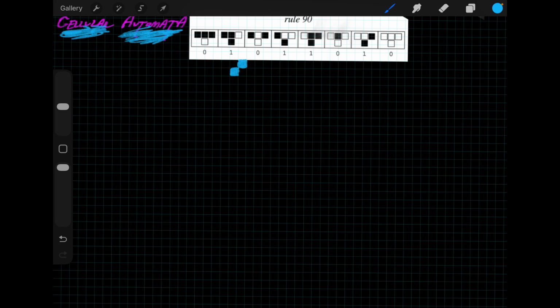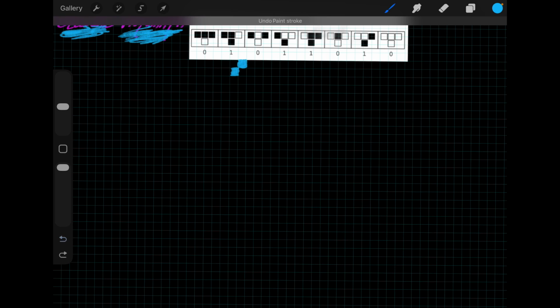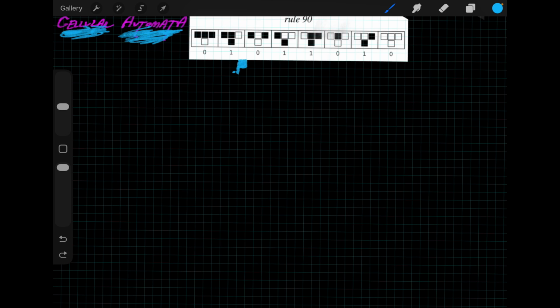I'm just following this rule for each cell going down, and I'll do it again 2 more times. Now I go to the next cell and look at the 3 cells above it. We see that it's not filled in, not filled in, which is this configuration right here.